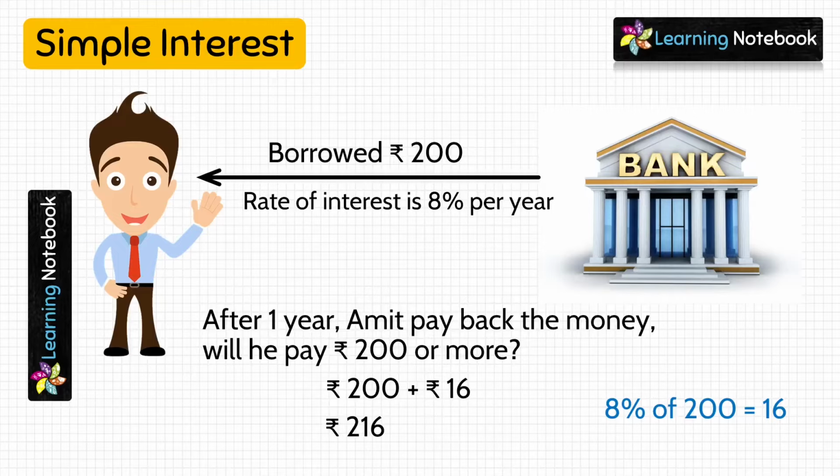So now students, you must have understood the concept of simple interest and the fact that we receive simple interest when we deposit money in the bank, but we have to pay simple interest when we borrow money from the bank.